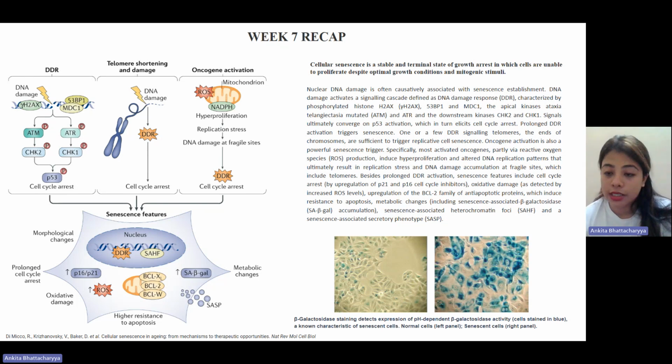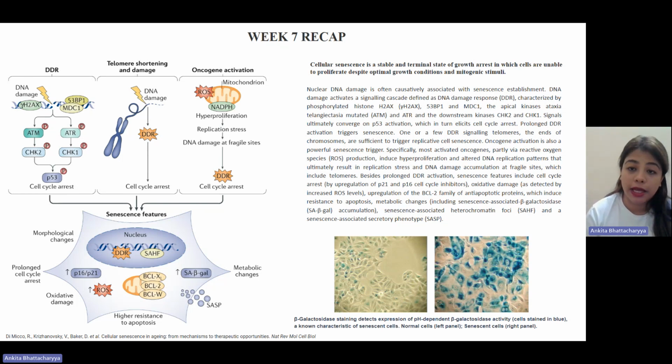So that is what will distinguish it from the processes of apoptosis or autophagy, where the cell is under a very stressful condition, and therefore the ideal option for it is to die, simply to die.